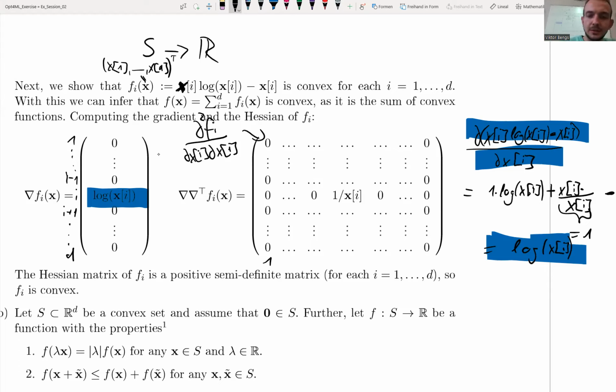So this is 1, this is component i, and here the same 1, i minus 1 i.